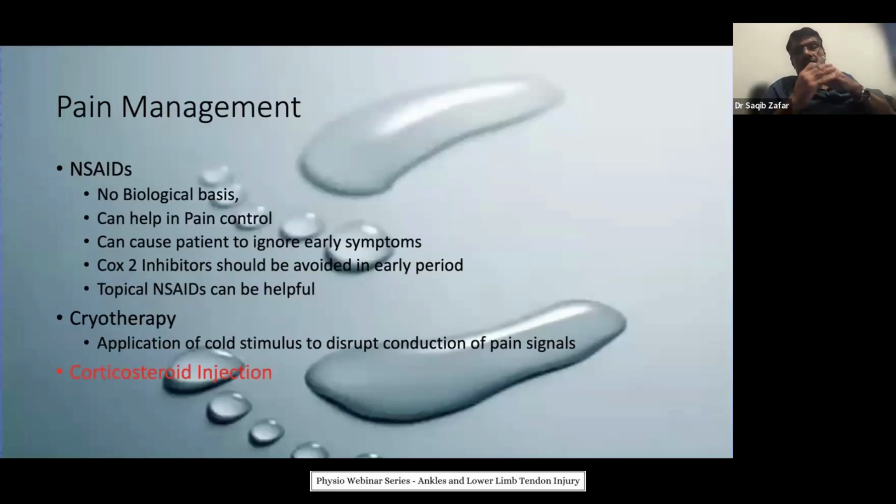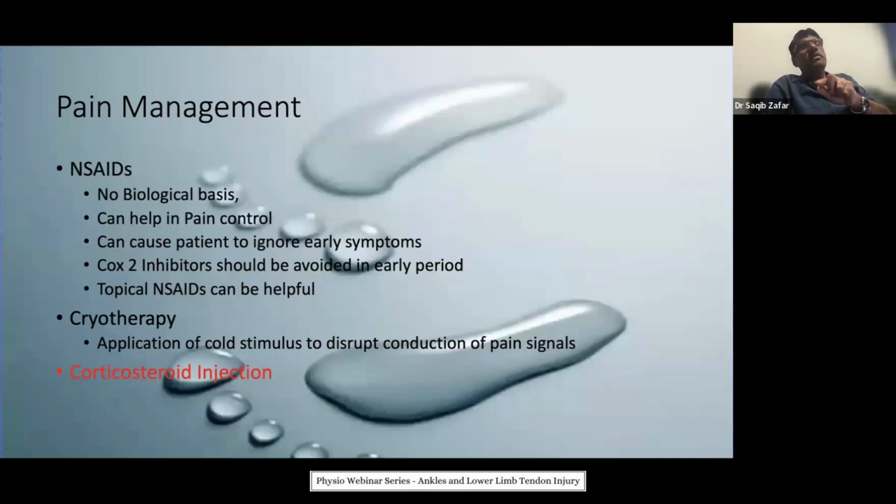I must say that I said that there's no inflammatory response, and it's a failed healing response. But pain management is an important aspect of care of these patients. And non-steroidals, although I am openly admitting that I could not find in histological or biomechanical studies a role for non-steroidals and there's no biological basis for that, they help with the pain control.